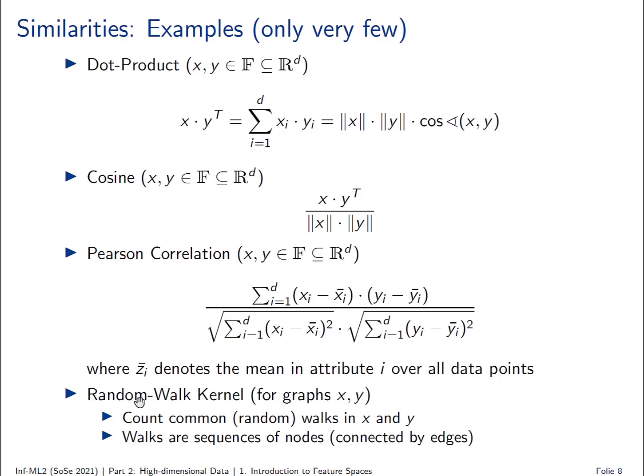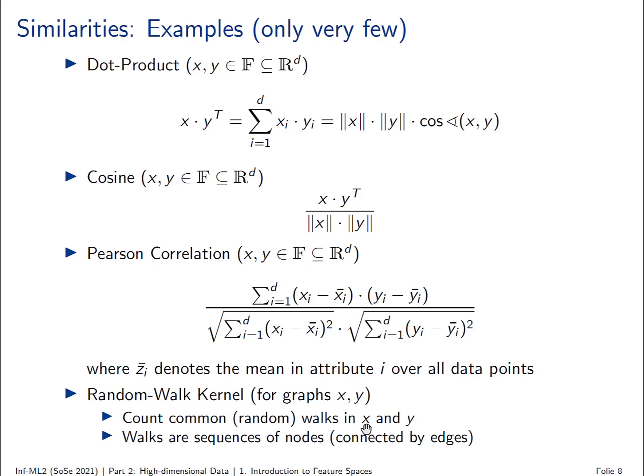Or we can apply a kind of random walk kernel for graphs. So now in that case, x and y are not feature representations, but we can still work, of course, on different representations. So for example, directly on graphs. Random walk kernels would be, you count the common random walks in x and y.